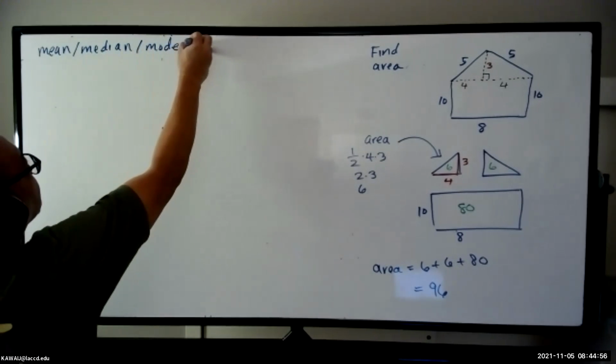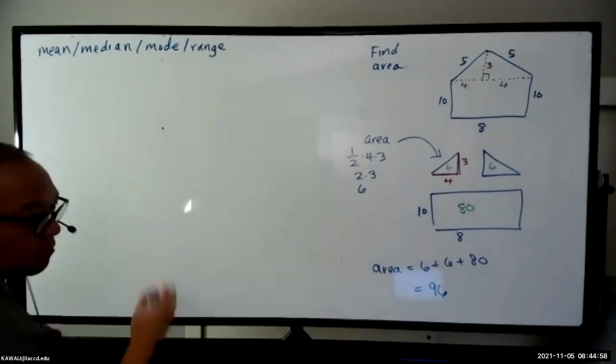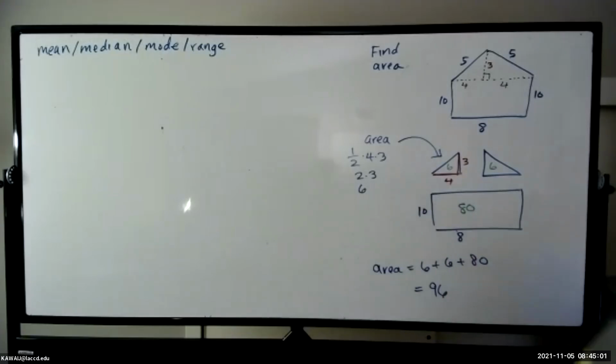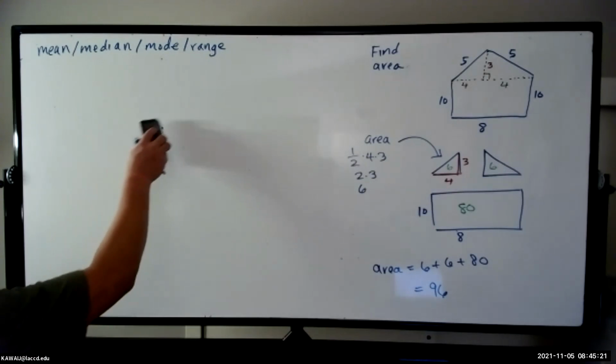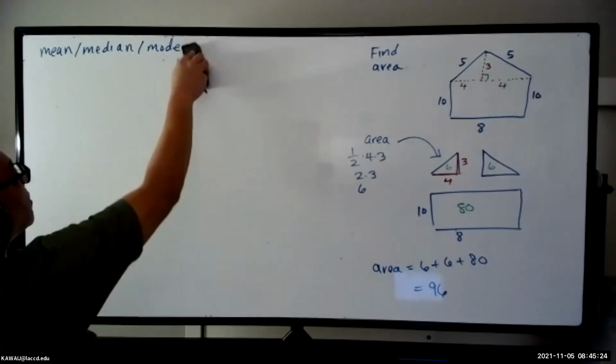I guess we'll add range too. Actually, let's just do mean, median, mode. I haven't seen range, so. Okay.